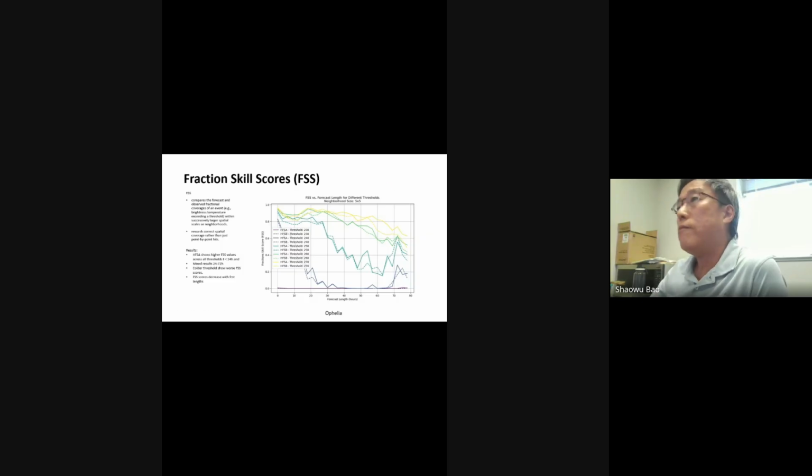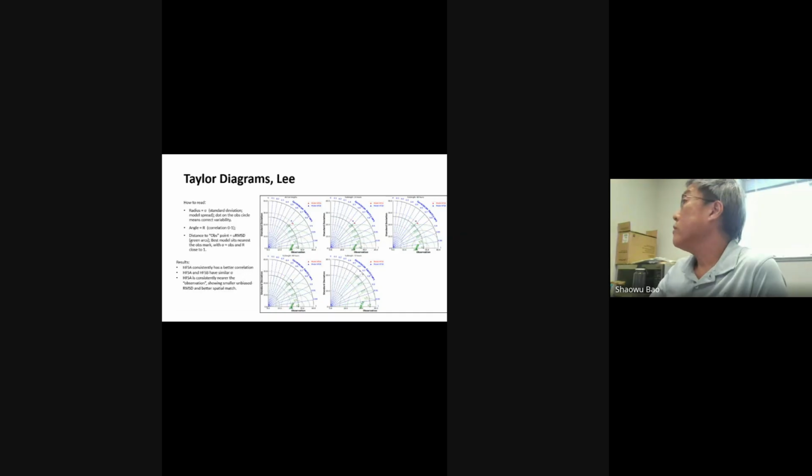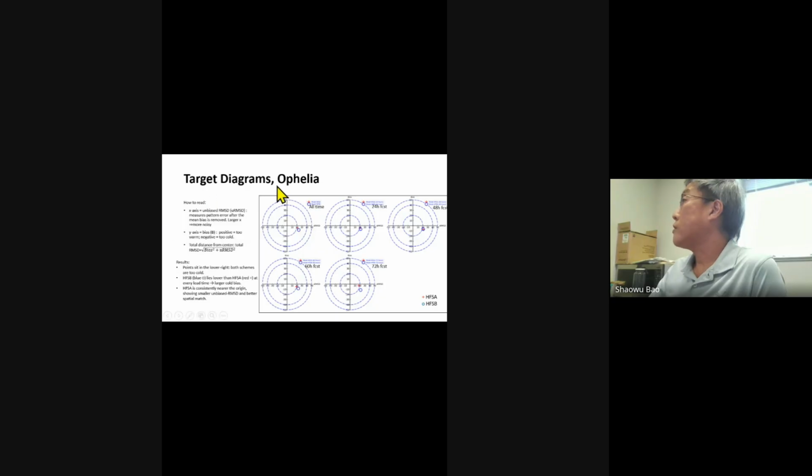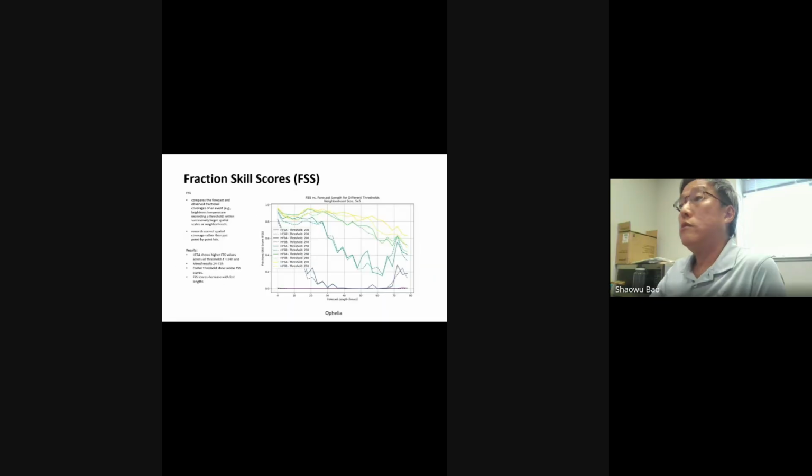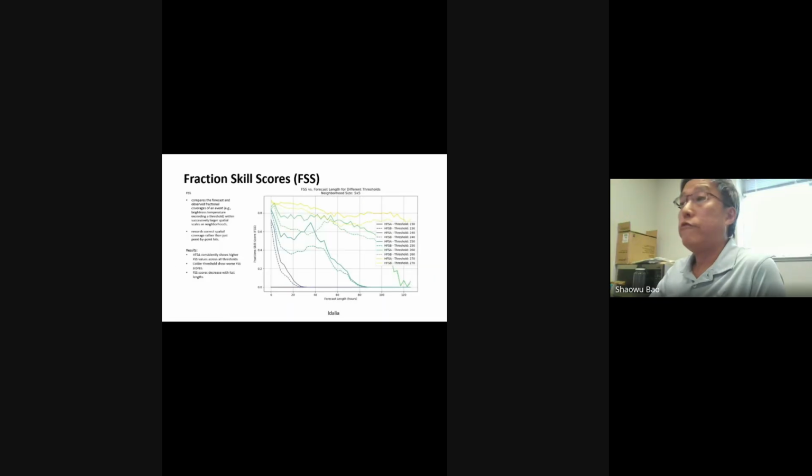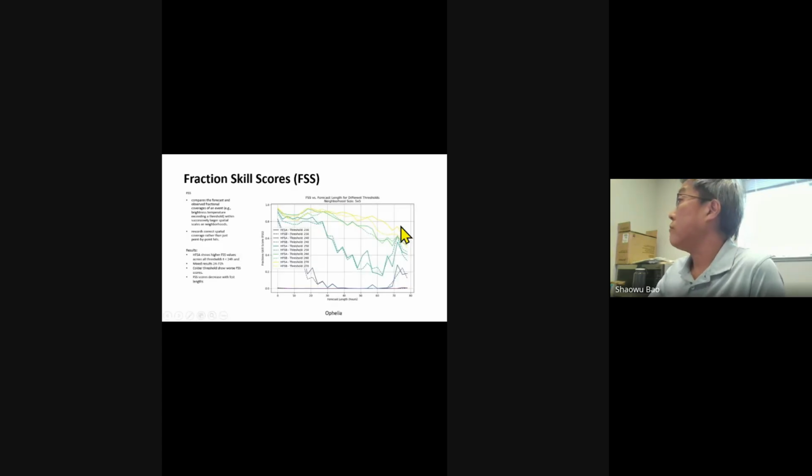If we look at the earlier Taylor diagram, you can see for Ophelia during this forecast, the lengths of 24 and 48, the results are very, very close. And if we look at the target diagram for Ophelia, these results are really close. The same thing we can see from the fraction skill score too, that the results are very mixed.